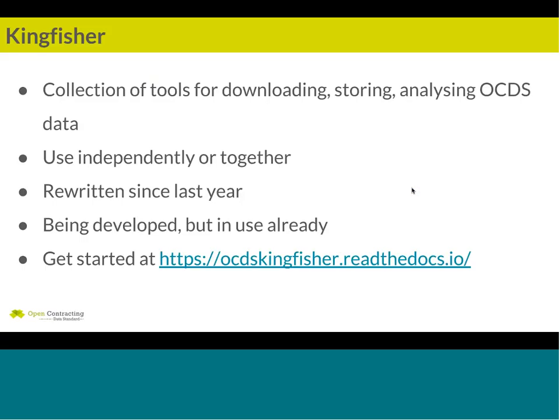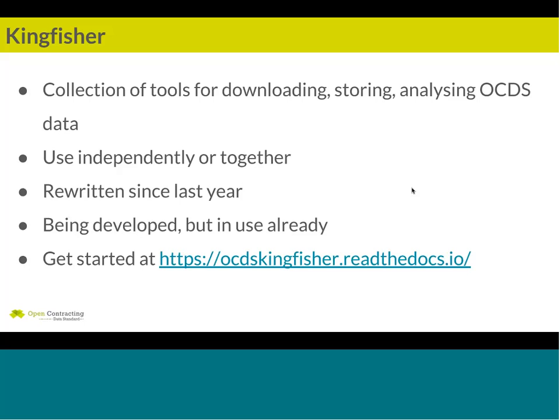So Kingfisher is something that we started building about a year ago, and it's a collection of tools for getting hold of OCDS data from lots of different places. If you've told OCP where you're publishing data, we probably have a scraper for it, and we're probably downloading it occasionally to help us understand what kind of data is out there.